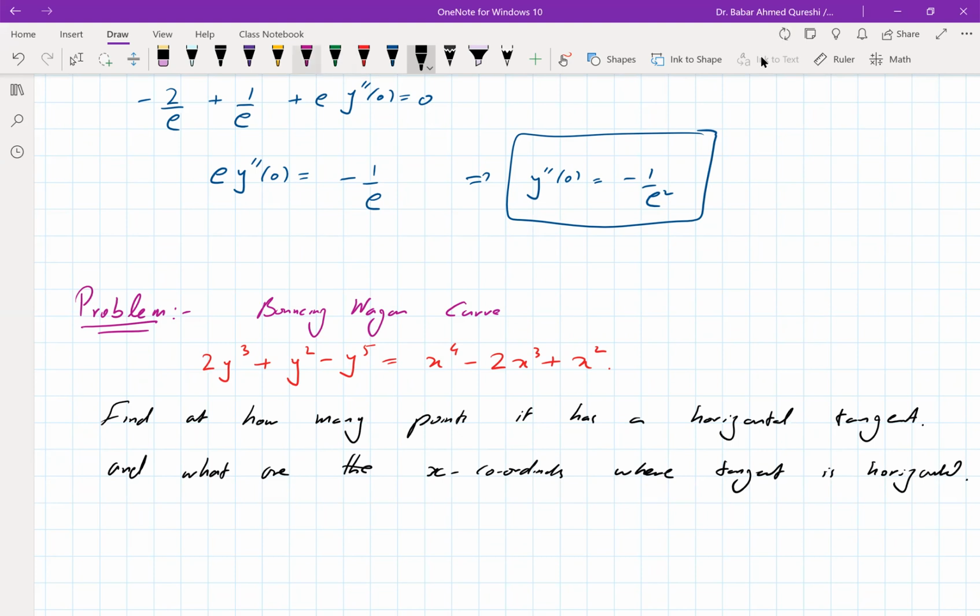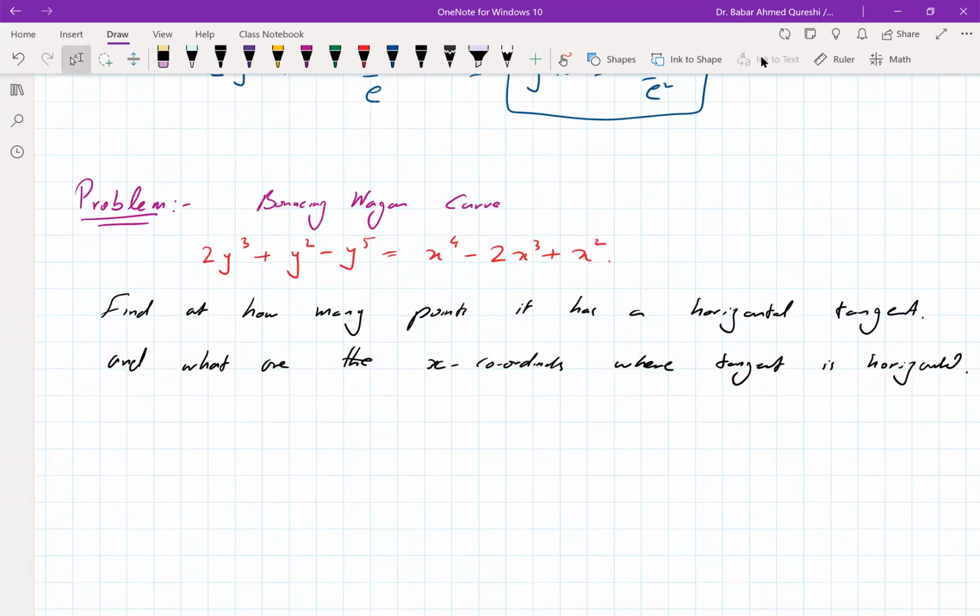Not sure if it can be done from here, but let's try. So horizontal tangent means that y derivative of this special point, let's call it x tilde, is 0, because this implies that the slope is 0.